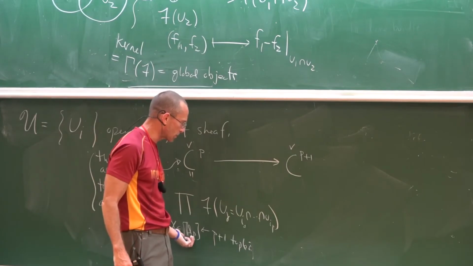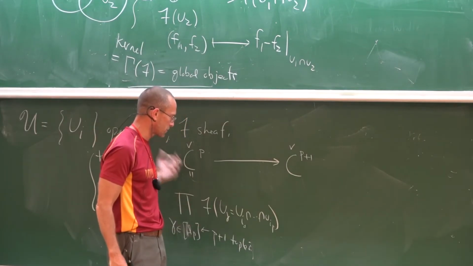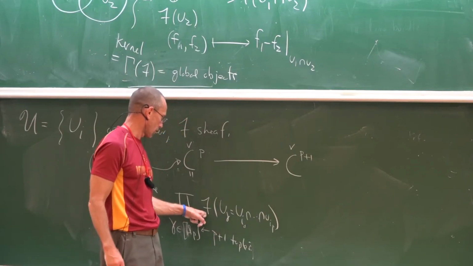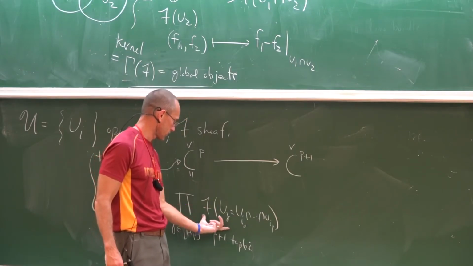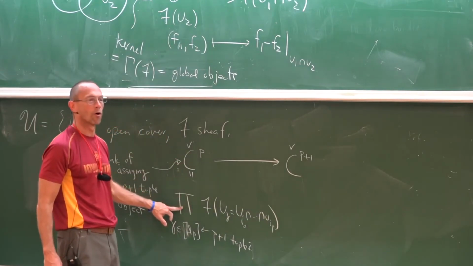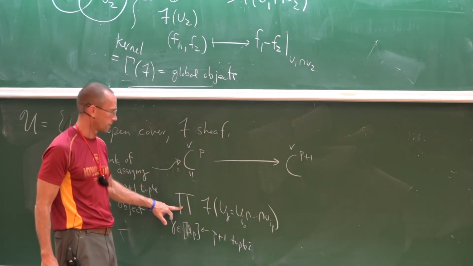So I have a p+1 tuple of open sets, I take the intersection of that, which gives me some open set. F of that is an algebraic object, and these p-cochains are over all such things. You guys are with me on this, right?